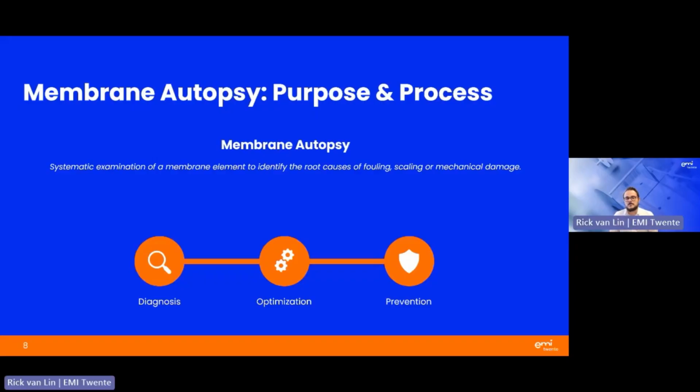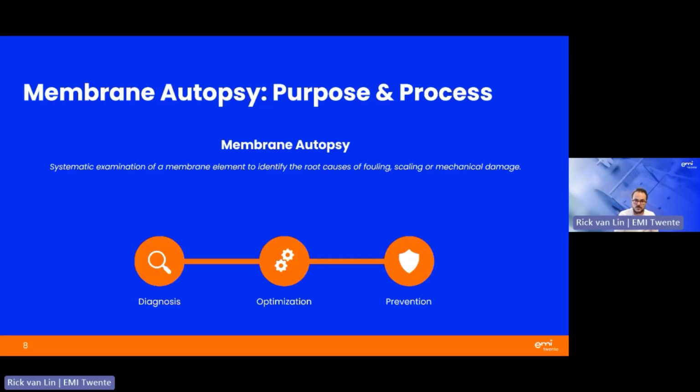So what is a membrane autopsy? It's a systematic post-operation examination of a membrane element, with the intention to determine the cause of performance decline. It starts off with a physical dissection of a membrane and an inspection, and it's combined with several analytical techniques such as microscopy and chemical analyses to identify what foulant is on there, if any mechanical damage or chemical attack has occurred.